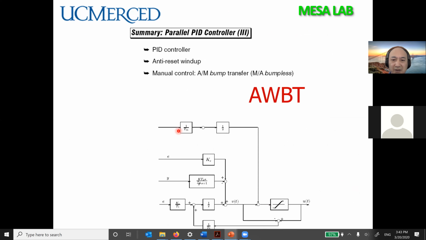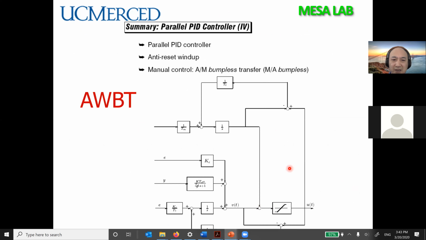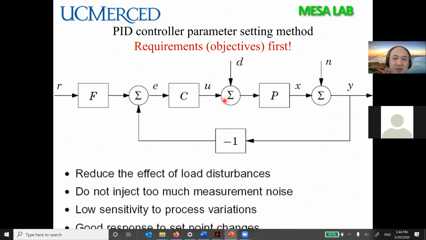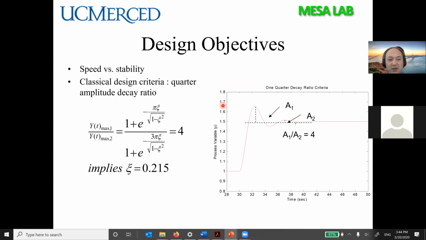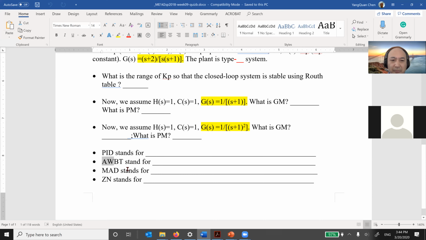Then you add this term in here to make it bumpless transfer. This bumpless transfer is usually used when you switch from manual mode to automatic mode. So that's for AWBT, bumpless transfer.